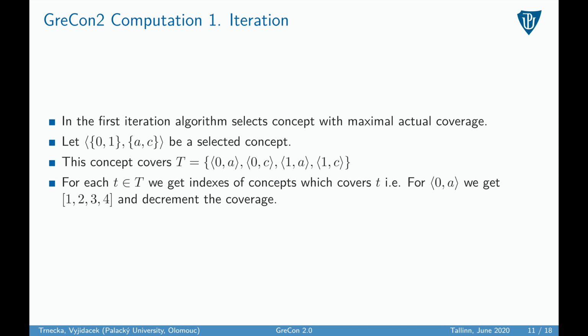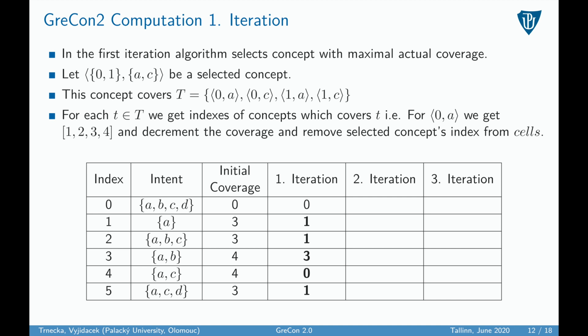In the first iteration we select concept 1, 0 and AC. This concept covers 0A, 0C, 1A and 1C. For each tuple we get the concept indexes which cover this tuple. For example, 0A is covered by concepts at indexes 1, 2, 3 and 4, and we decrement coverage for these concepts.